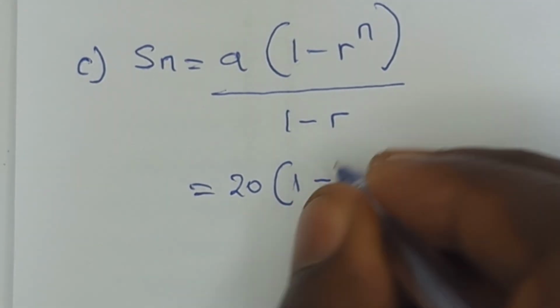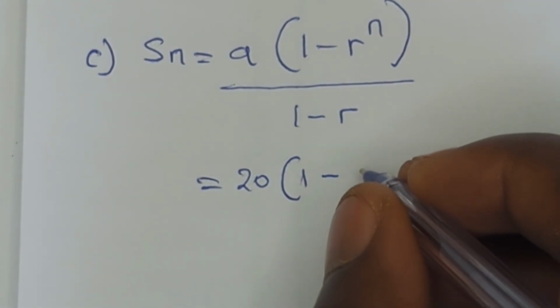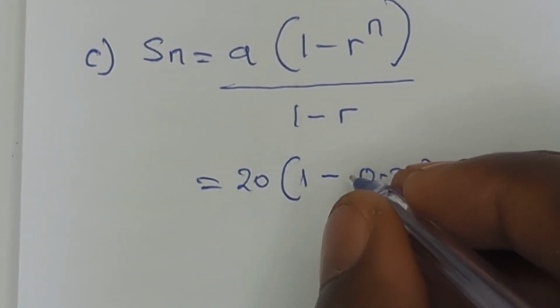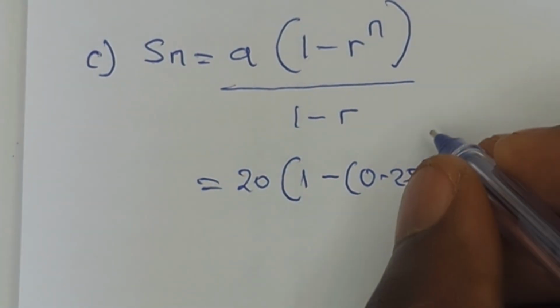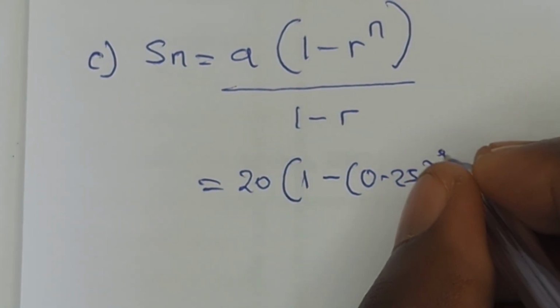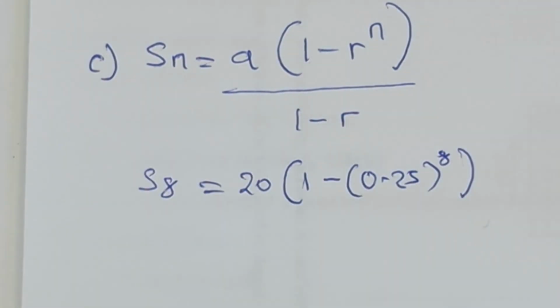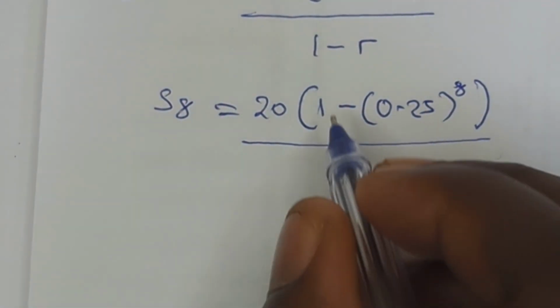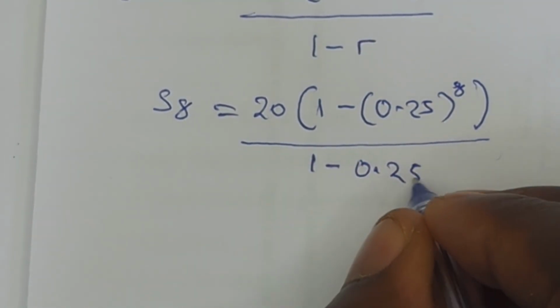Inside we have 1 minus R, so here we can use 0.25, to the power n, the number of terms, that is 8, since we are finding the sum of the first 8 terms, over 1 minus 0.25.